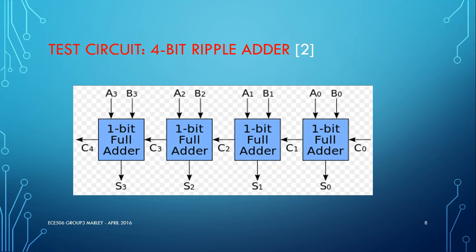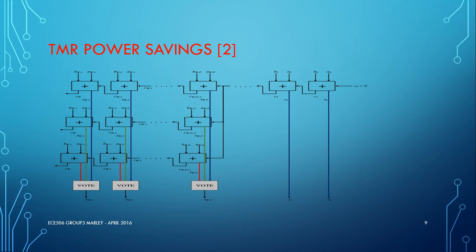We did a 4-bit ripple adder. I also did an 8-bit one we'll look at. And there are some interesting surprises we're going to get into. Normally, they try to save power by getting rid of some of the triple circuitry.